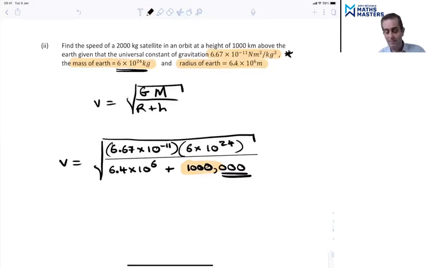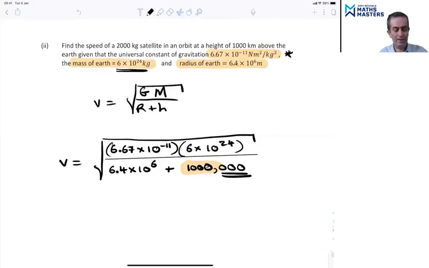Now, from here on, it's a matter of are we able to use our calculator? So we have 6.67, and then if you have a Sharp calculator like me, EXP, if you don't, multiply by 10 to the power of, on a Casio calculator, the power of minus 11, and then we have to multiply that by 6 by 10 to the power of 24, and then we have to divide by, in brackets, 6.4 by 10 to the power of 6, plus it's at a height of 1,000 kilometers, so that's 1 million meters.